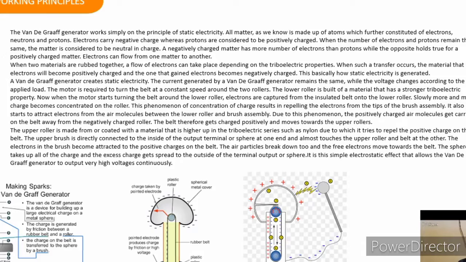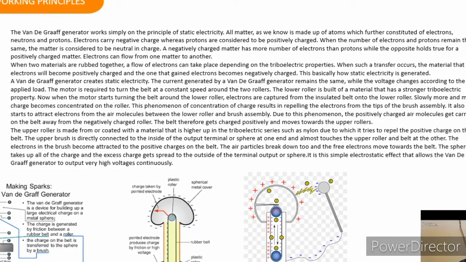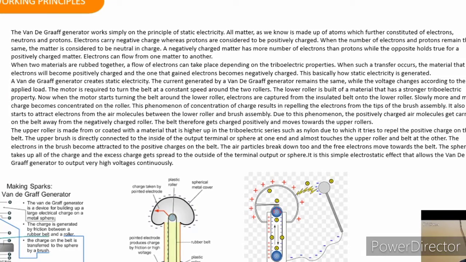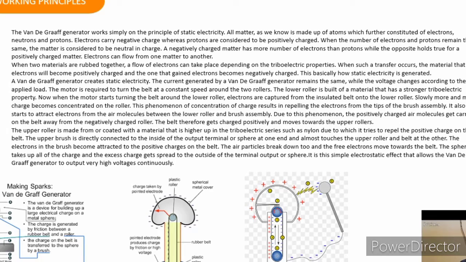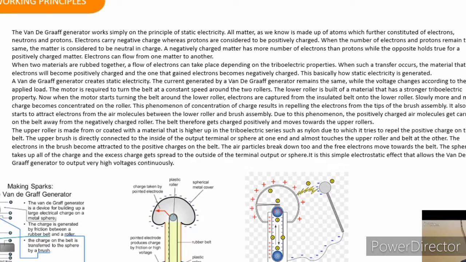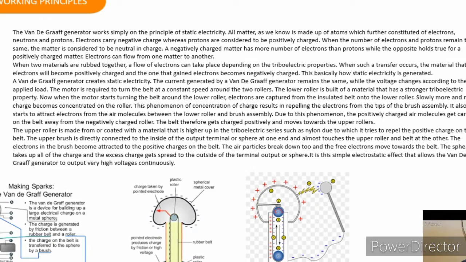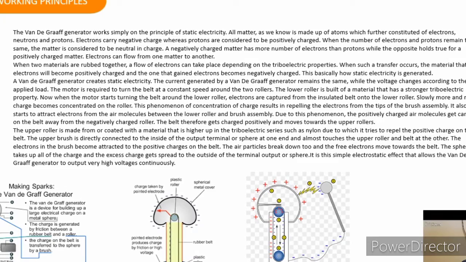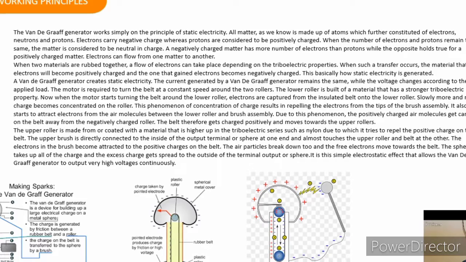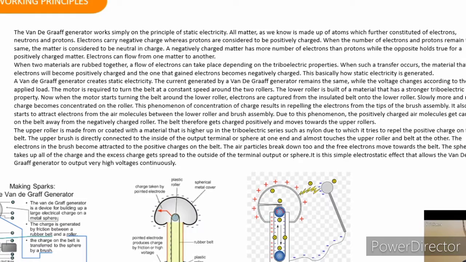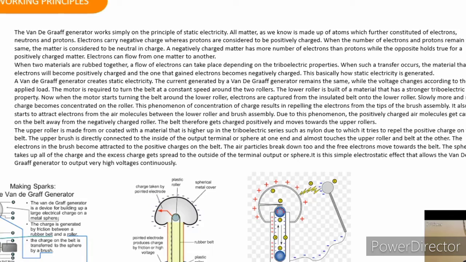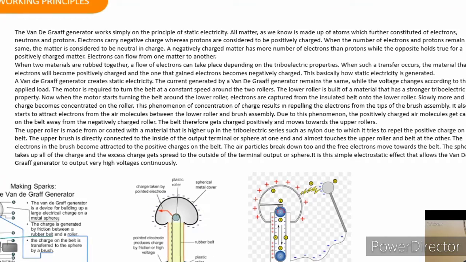Now let's see how a Van de Graaff generator creates static electricity. The current generated by a Van de Graaff generator remains the same, while the voltage changes according to the applied load. A motor is required to turn the belt at a constant speed around two rollers.